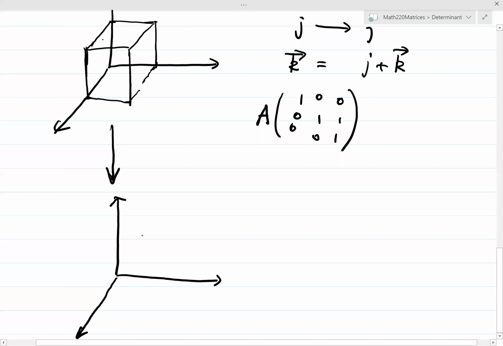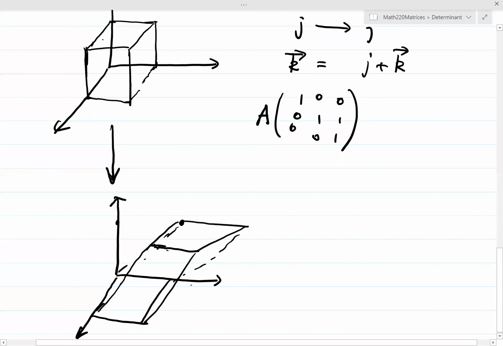Now K will become J plus K, so it will be translated by J. It looks like this. It's hard to plot. My plot is not good enough. Okay, you can imagine, it will be a parallelepiped.